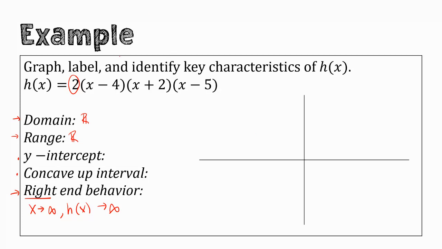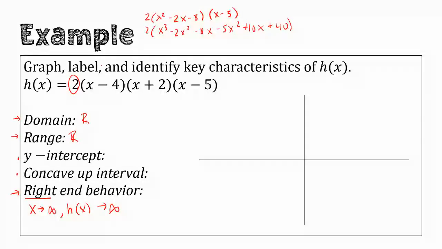I'm going to multiply the first two first. That's going to give me x squared, plus 2x, minus 2x, minus 8, and then times x minus 5. And then I'll multiply that out. So it's going to give me 2x to the third, minus 2x squared, minus 8x, minus 5x squared, minus 10x, nope, plus 10x, right? Yeah, plus 40.